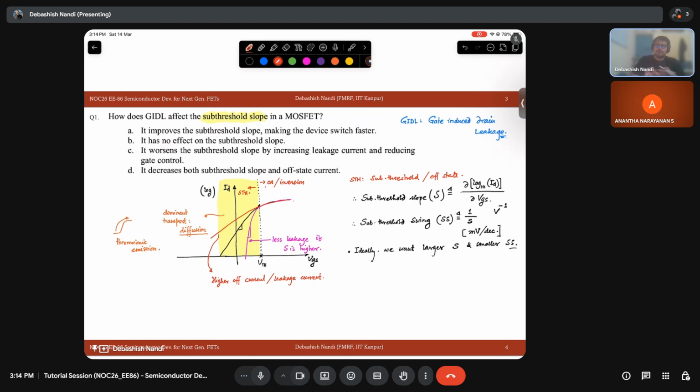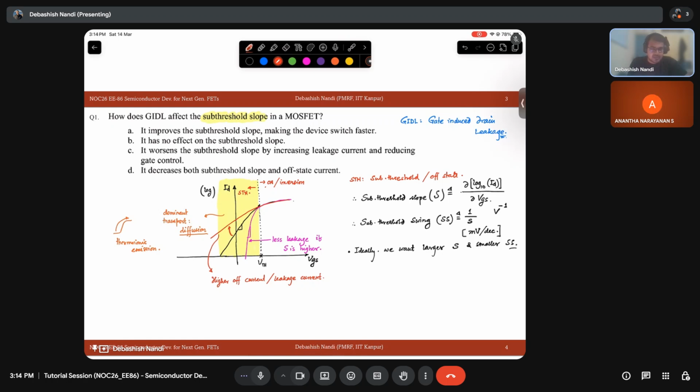Once again, what is the disadvantage if I go from the black curve to the red curve? That means your leakage currents are more, right? What is the disadvantage of having more leakage current? It means current will flow even when the MOSFET is supposed to be switched off. That translates to a higher amount of battery drain, and a lower battery lifetime in your electronic devices.